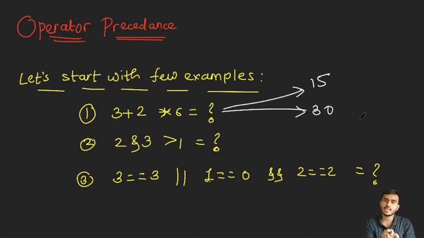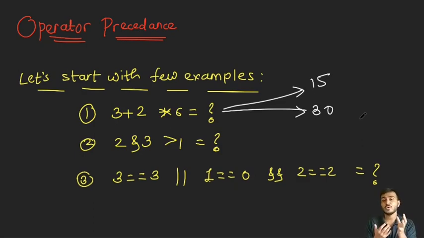If you calculate 2 into 6 first, that is 12, right? And then if you add 12 to 3, you will get the answer 15. So if this is the way you follow, the answer will be 15. But if you add 3 and 2 first, they become 5.